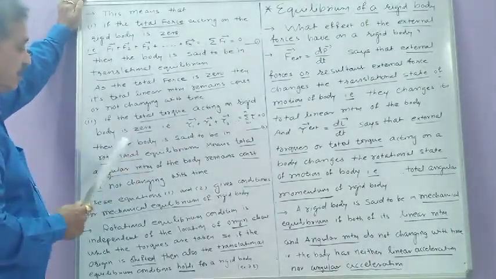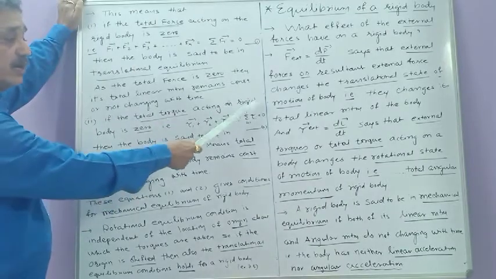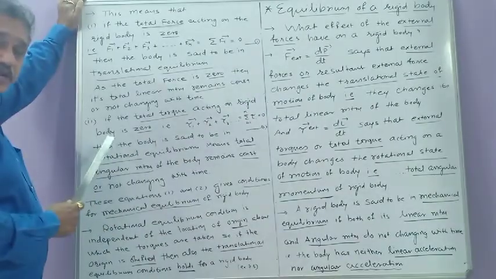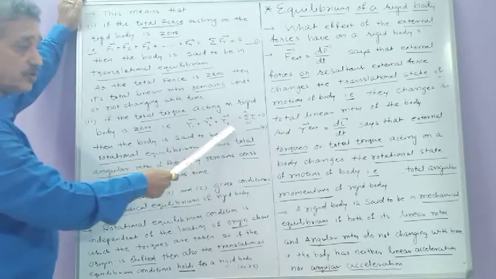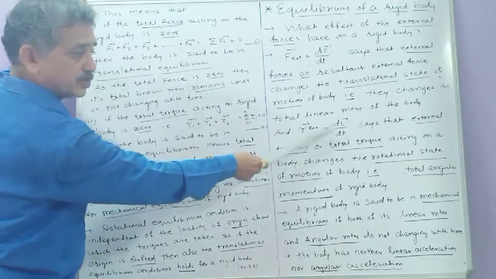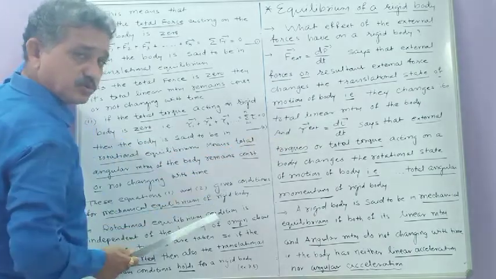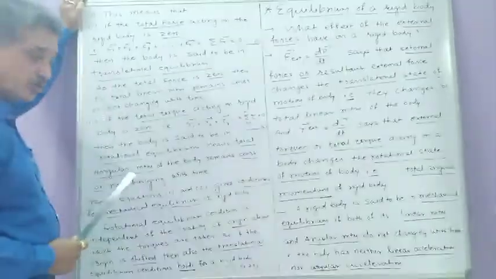The second condition is, if the total torque acting on the rigid body is 0, that means the resultant external torque acting on the body is 0, that means the vector sum of the different torques acting on the rigid body is 0. When torque is 0, according to this equation, dL by dt is 0. That means L remains constant, that means angular momentum does not change with time.